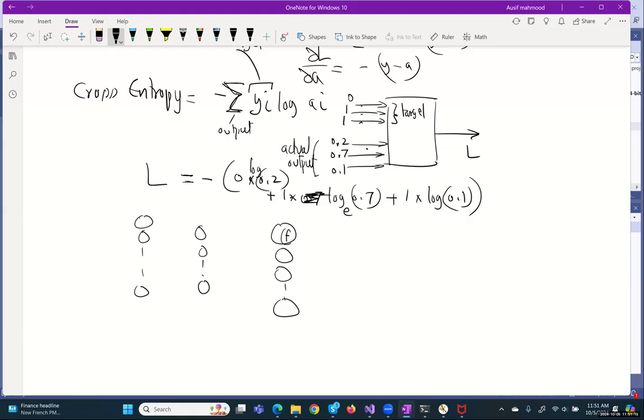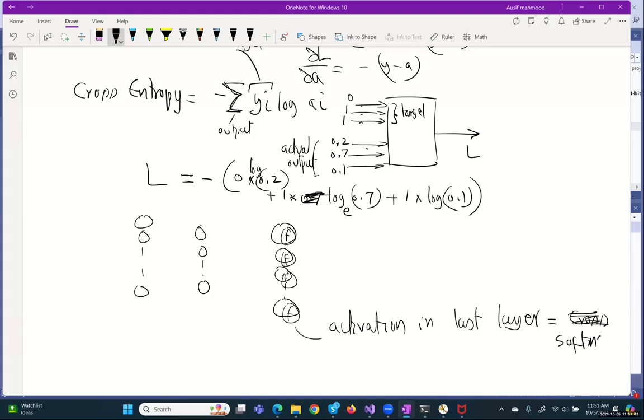And the activation function that we use in the very last layer, if it is a classification type of problem, this will be the cross entropy. Sorry, not cross entropy, softmax. Activation is softmax. The loss will be cross entropy.